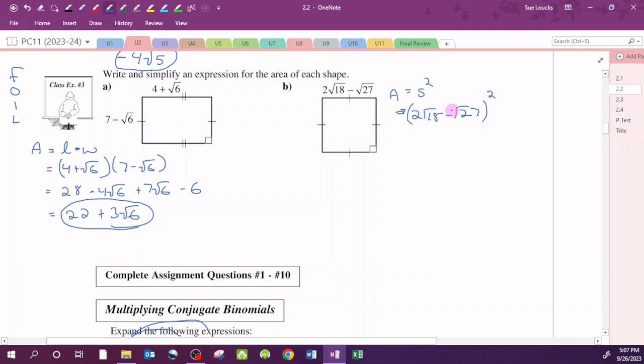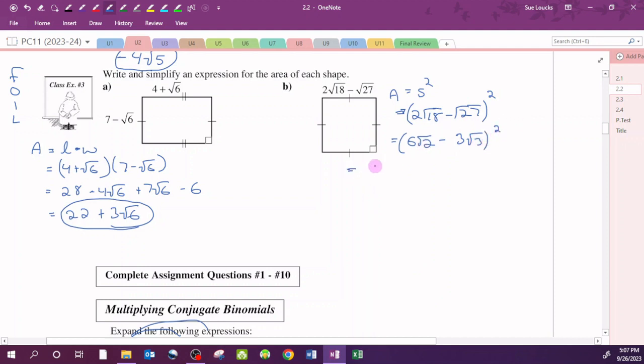I look at that and I think I can simplify that. So I think that'll make my life easier if I simplify this a bit. So 2 root 18, that becomes 2 times 3 root 2. I'm just going to write that as 6 root 2. And then the square root of 27 is going to be 3 root 3. And I'm going to square that.